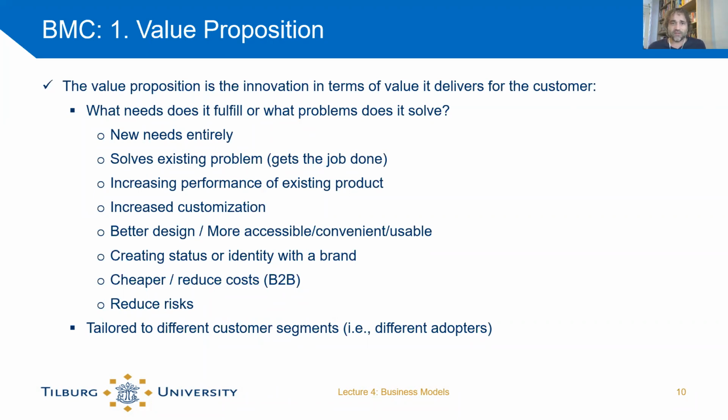So what needs does the innovation fulfill, or what problems does the innovation solve? If you took my communication theory course last year, this may sound familiar, because there we talked about an advertising strategy model in which they distinguished different types of products.